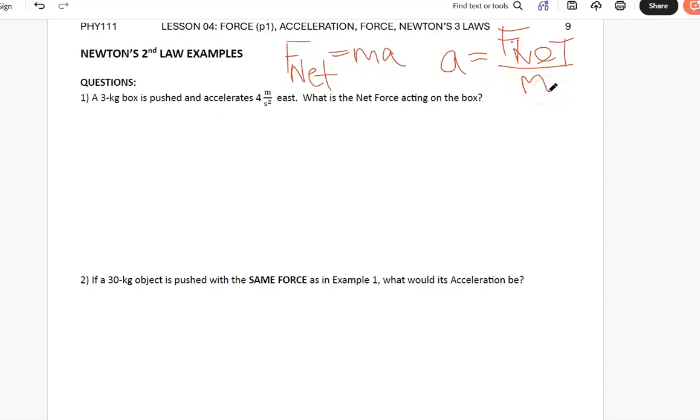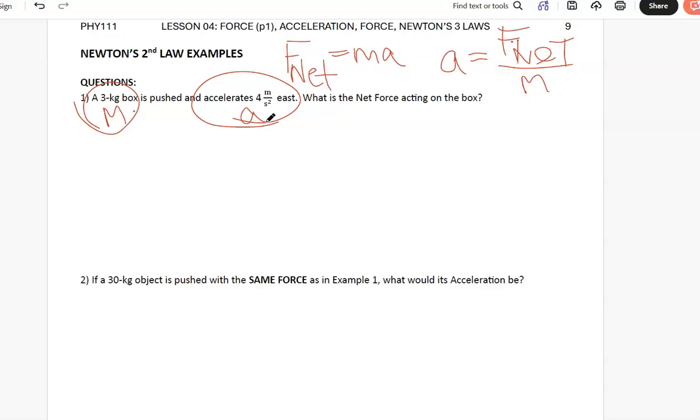First question says a 3 kilogram box. Okay, right away, 3 kilogram box. You know that the mass is 3 kilograms because kilograms is the unit of mass. It accelerates with 4 meters per second squared in the east direction. What is the net force acting on the box?